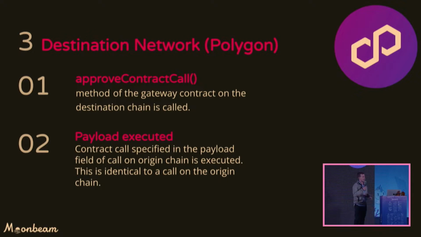Lastly, we get to payload executed. And this is a normal contract call. The NFT contract, where we're doing the minting, it does not care if it's cross-chain or if it existed on Polygon originally. It can't tell. There is no difference. And this is very important because it means that you don't need to re-architect smart contracts. And it means that your cross-chain call is going to behave just like a regular function call.